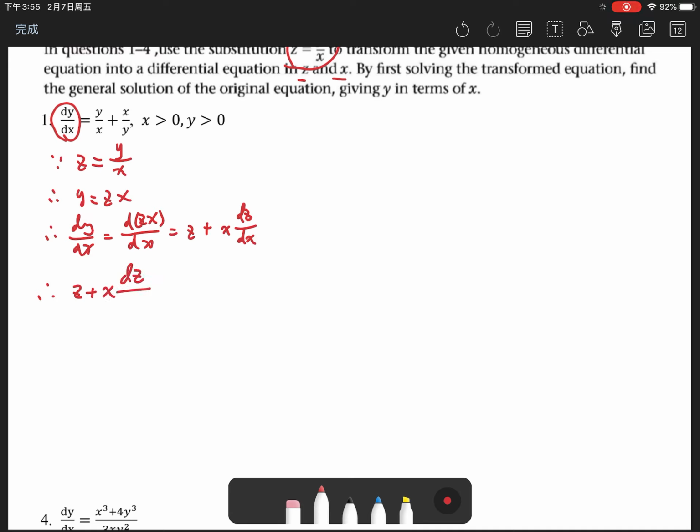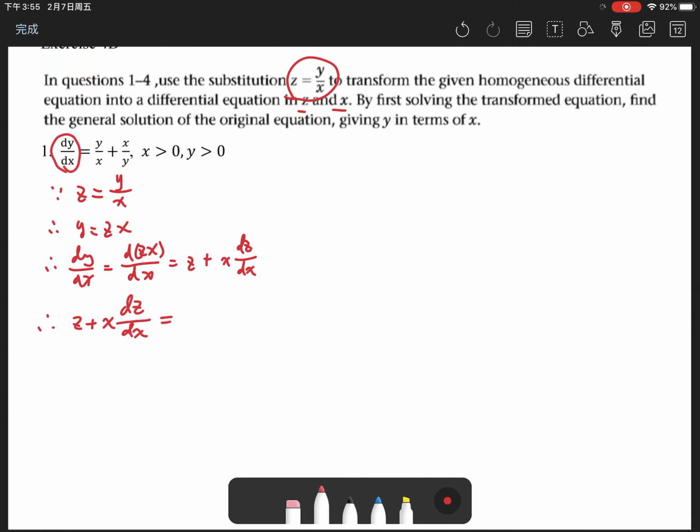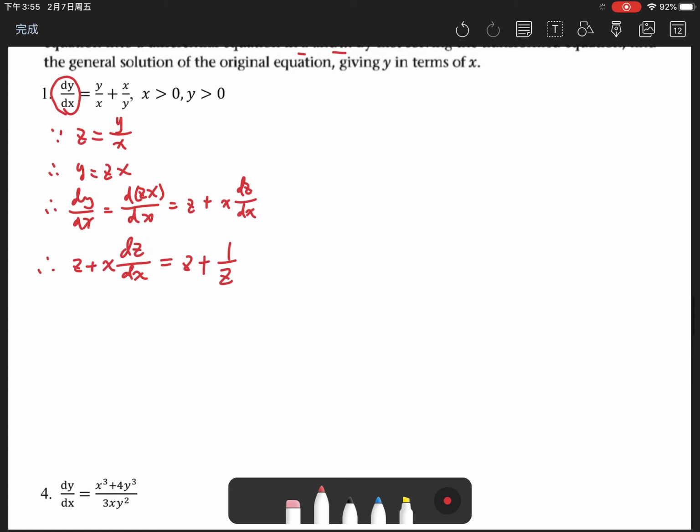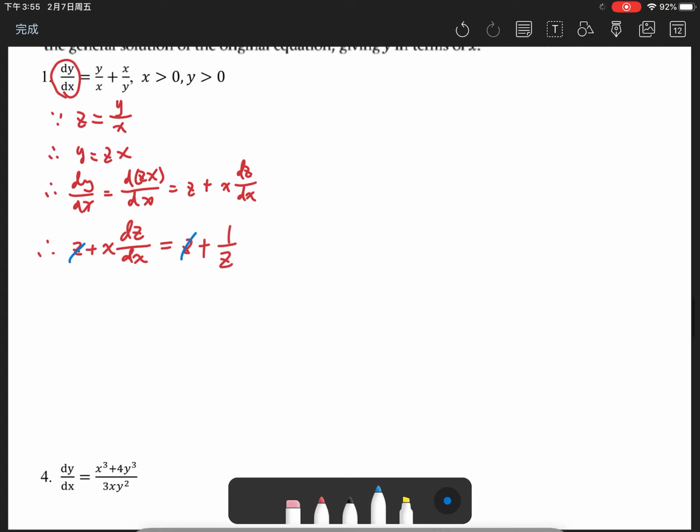So it is z plus x times dz by dx equals y over x. Y over x is z, and x over y is 1 over z. Then we can cancel the like terms.